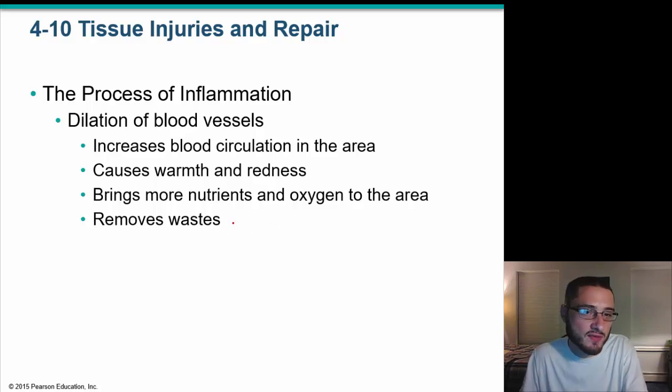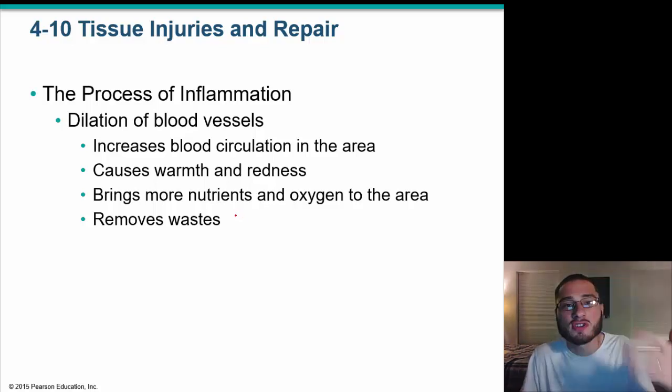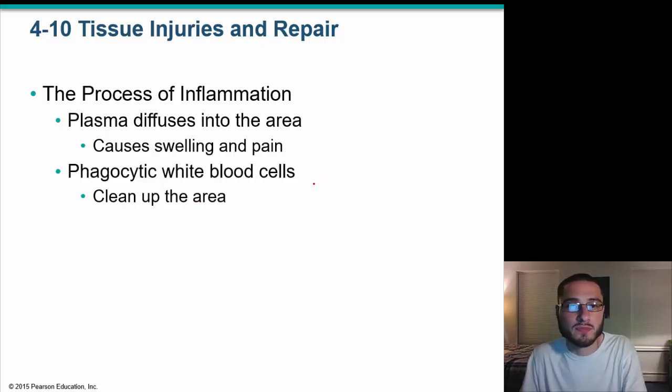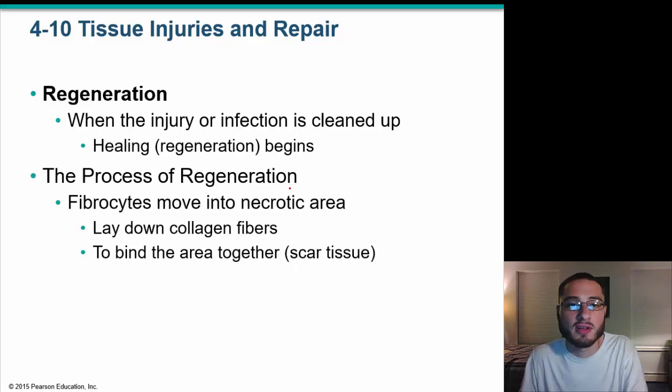So if you ever have inflammation and you feel like it's pounding, like it has its own heartbeat, that is because you have those dilated blood vessels and there's an increase of blood circulation to the area, so that we can have more nutrients and oxygen brought to it, and we can remove that waste and let the white blood cells take care of it. But it also, in the meantime, creates warmth and redness and that pounding. So plasma diffuses into the area, causes swelling and pain. The phagocytic white blood cells clean up the area.